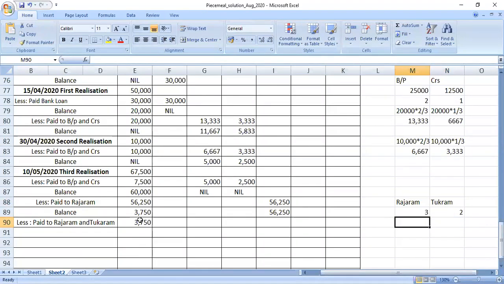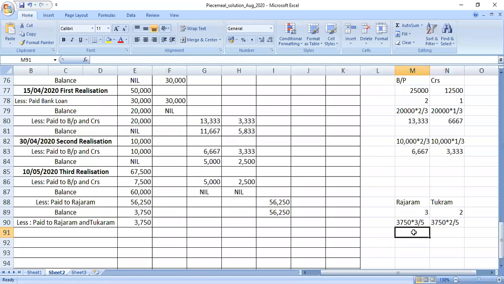So 3,750 into 3 divided by 5, where 5 is the total, 3 plus 2. Here also Tukaram's 3,750 into 2 divided by 5. Now you will get the value.